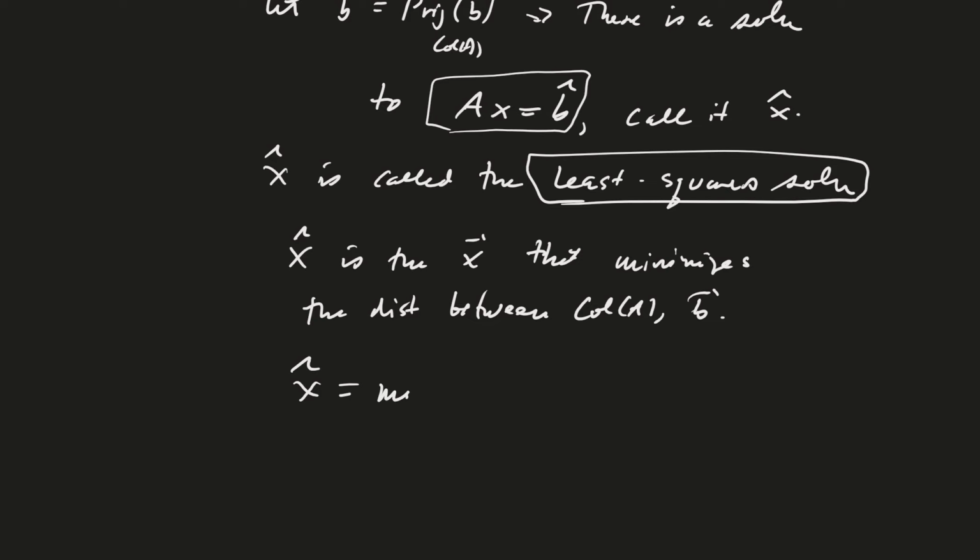So another way to say that is that x hat gives the minimum over all x in the domain of the norm of the difference between b and A times x.